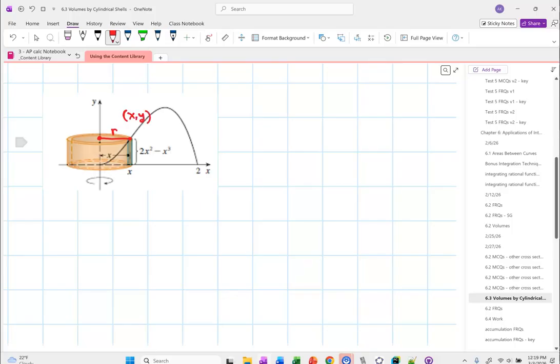If this is the point x comma 2x squared minus x cubed, r is just the x, right? And then the height of my cylinder is just going to be the y-coordinate.